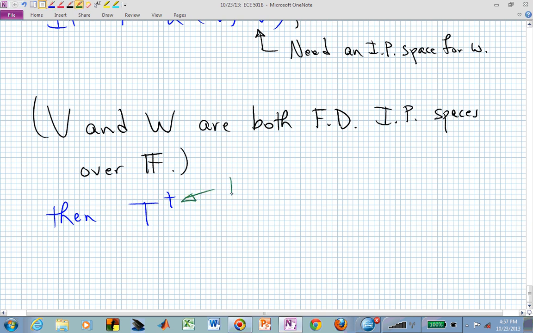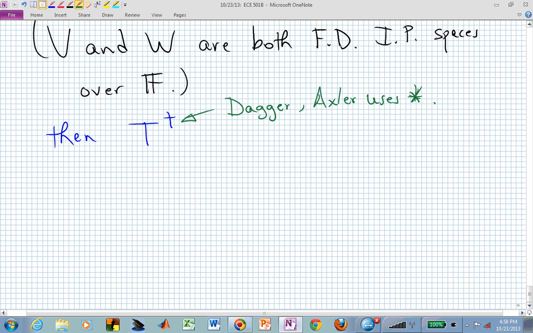This dagger is in contrast to Axler, who is using what we've already claimed is our complex conjugate symbol. So when you're reading the book, I don't think you'll get confused, but just pay attention that we're going to be using a dagger.